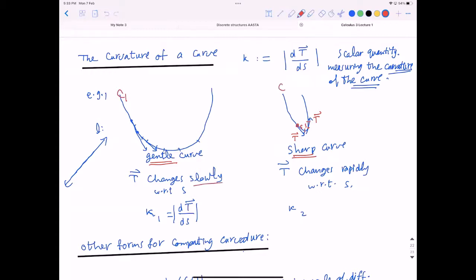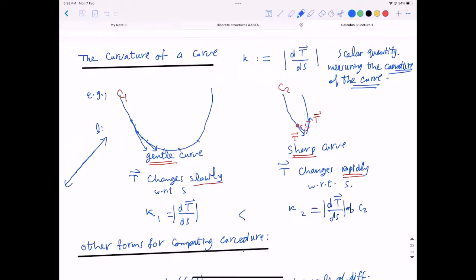Here, curve 2, what happens? A sharp curve, T changes rapidly, sorry. So kappa 2, which is dT by dS of this curve, dT in curve 2 is more than that.